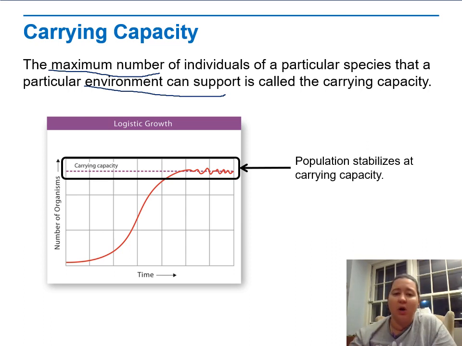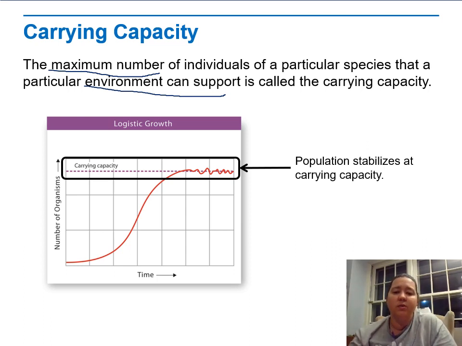We even have it in our own cafeterias, and it says in the cafeteria, if people are standing, this many people can be in there. If they're seated at tables, this many people can be in there. That's carrying capacity. It's just how many seats or how many people can be in that room, in that environment. That's what a carrying capacity is.